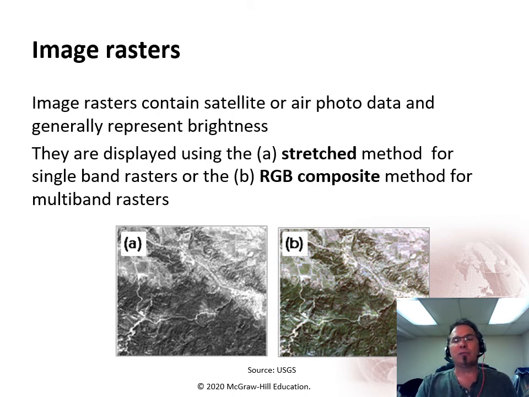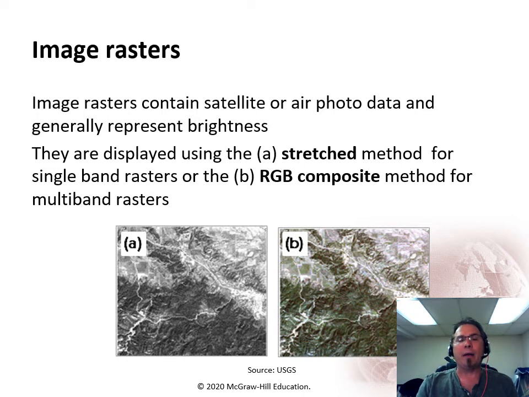Image rasters, which is something we don't use a ton of, are just that. They're satellite imagery, so taking a picture of the surface of the Earth somewhere. Those are also stretched typically, but there are usually either single band or multi-band rasters.